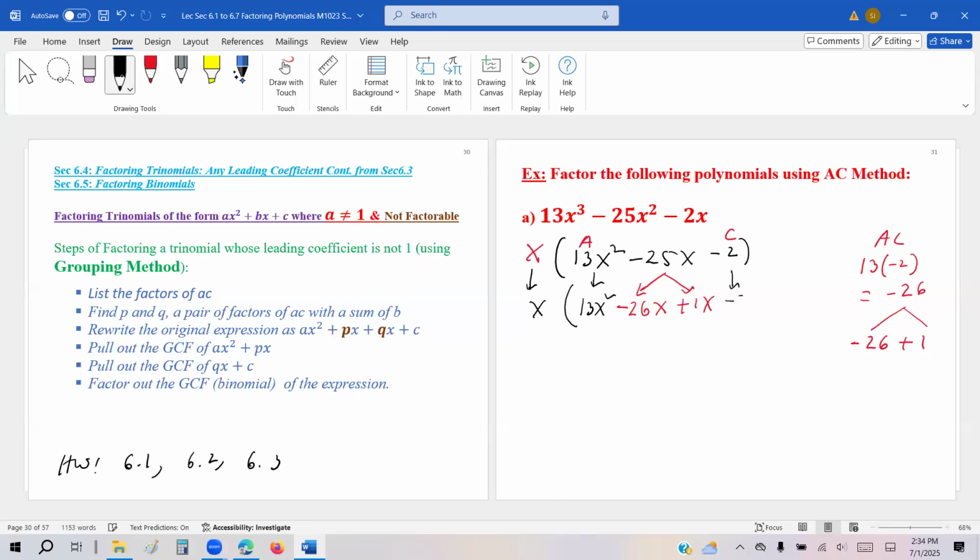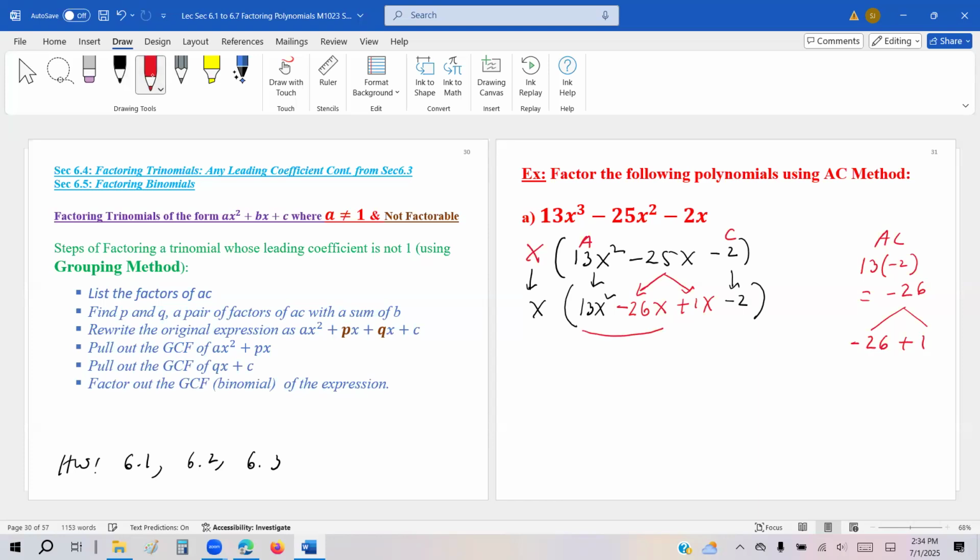We have minus 2, bring it down. So we rewrote 3 terms into 4 terms. And when you have 4 terms, how do we factor? Grouping.